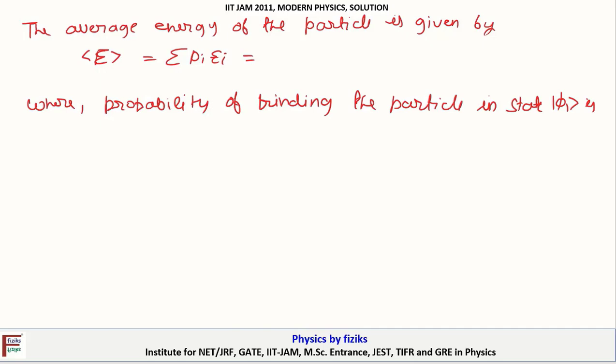that is P of phi 1 equal to the mod square of the inner product of phi 1 and psi, that is equal to 9/25.